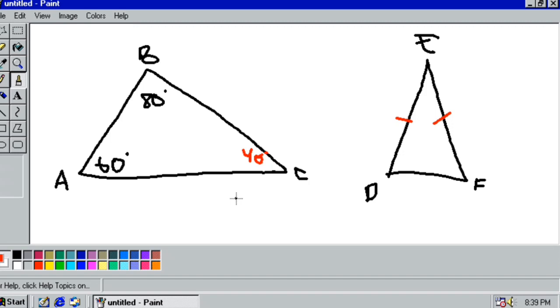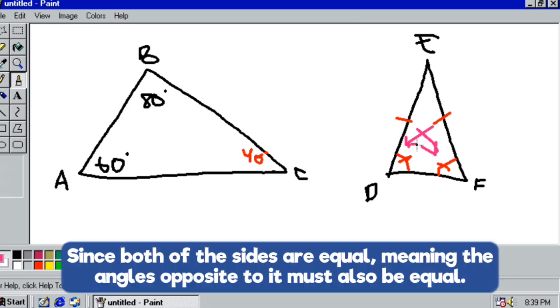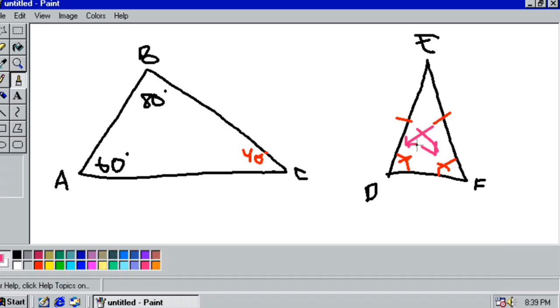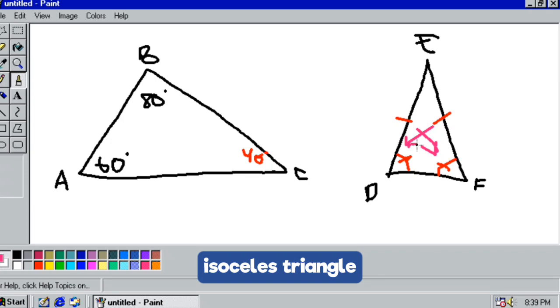That means angle D and angle F must have equal measures, since both of these ticks have the opposite. You get what I'm saying, right? A triangle that has at least two equal sides is called an isosceles triangle.